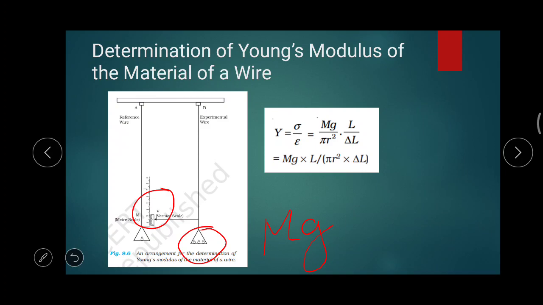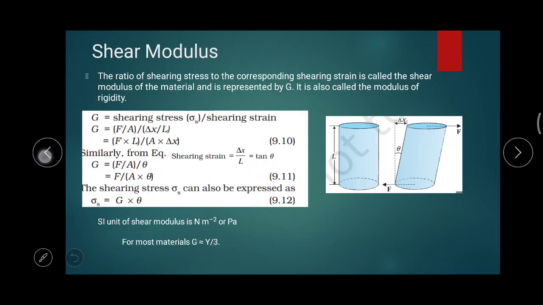If the radius of the cross section of the wire before elongation, for the normal wire, is r, then its area of cross section will be pi r square.